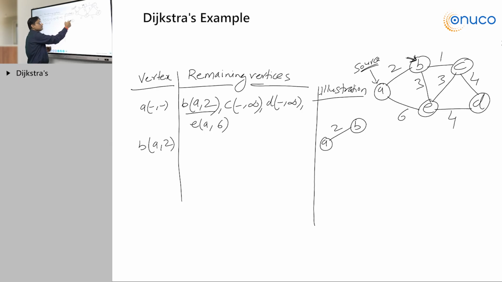Clear? That is why we are talking about the T of I. We are going to construct this tree and that will give you the final shortest path. Now we are at B. From B to A, no, we are not going to traverse back. Vertex A is already visited, and we are not going to revisit it.